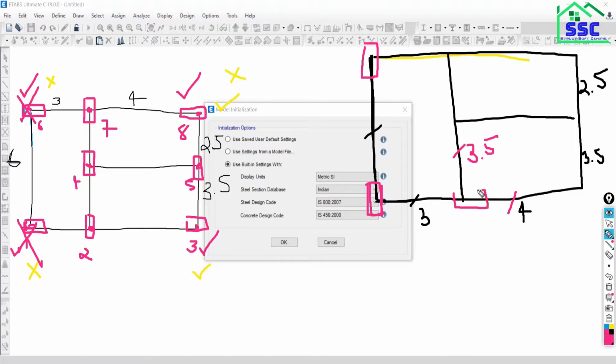This is the correct position, and similarly here. The longer span is this, so your column orientation will be like this. Now it is 3.5 and 2.5, and this span is more, so your column orientation will be like this, and here again like this.